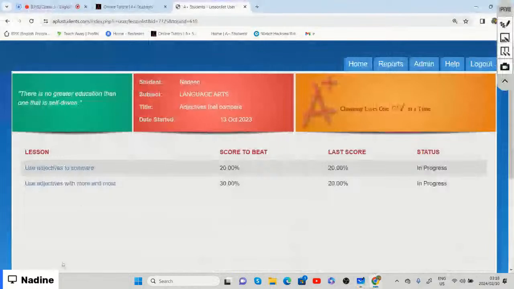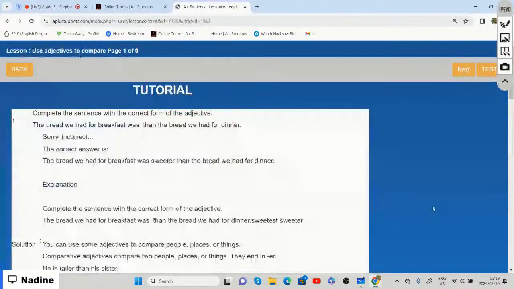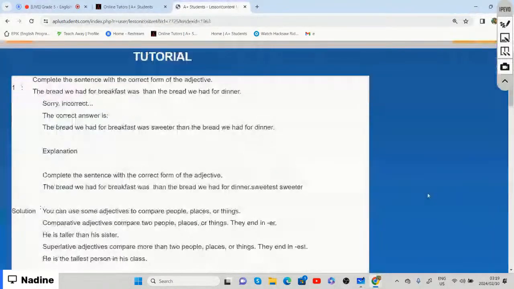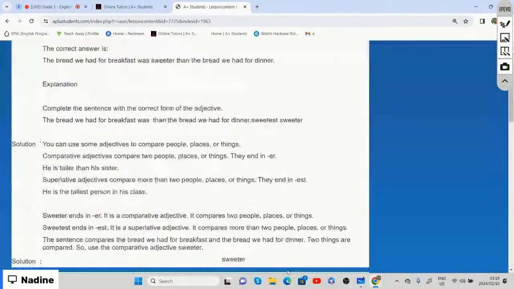So now we are back at the chapter which is adjectives that compare, and we're going into the first lesson, which is to use adjectives to compare. So you can use some adjectives, right?